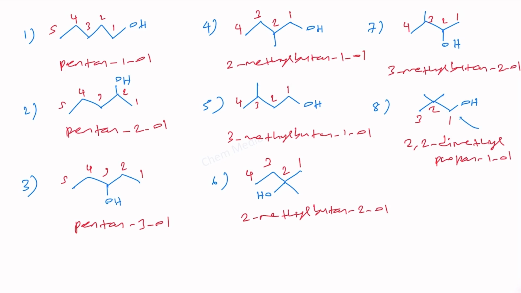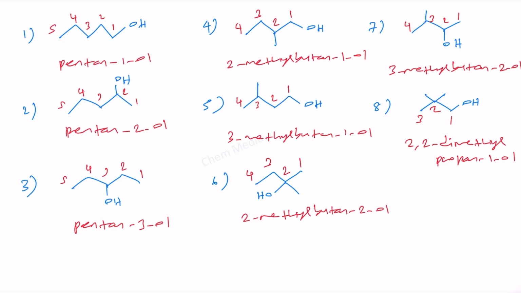The reason why we did not put both the methyl groups at 1 position is because that would become a repetition of 2-methyl butane 2-ol, and that's the reason we put both the methyl groups at 2 position. Anyways, these are the 8 alcohol structural isomers that are possible for C5H12O.